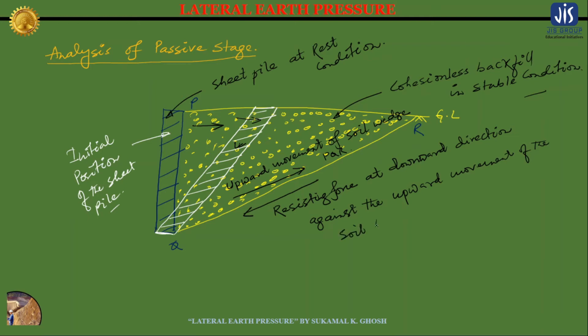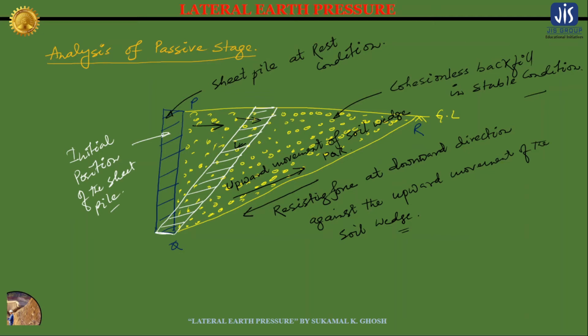Okay, now this scenario is just opposite to the active stage, right? In active stage, what we did? In active stage, we moved the sheet pile about its base but away from the backfill, and that is why in the analysis of active stage, the movement of the soil wedge was in downward direction.